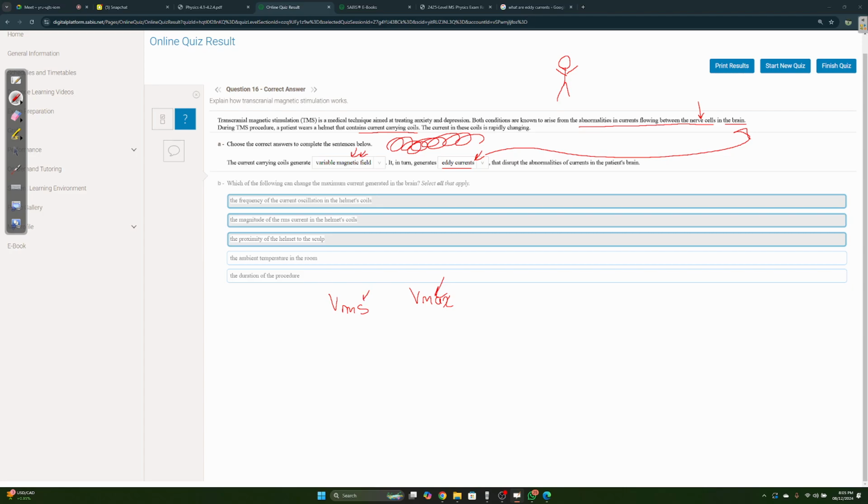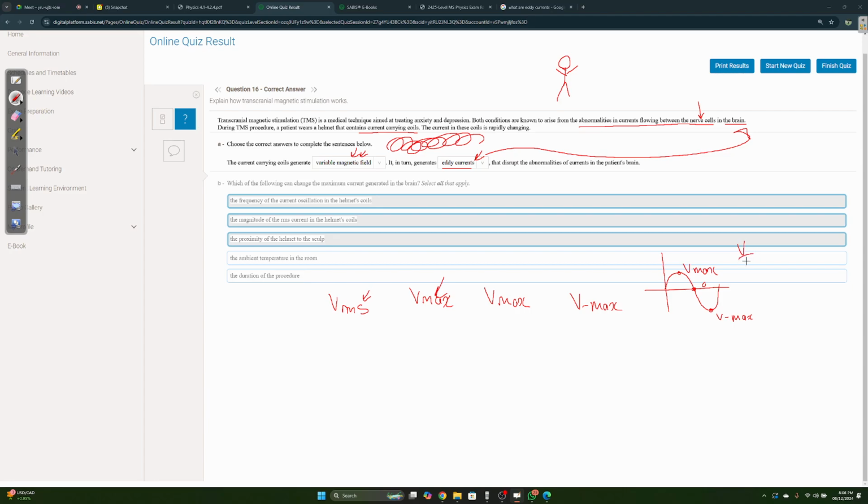VRMS is kind of a balance between Vmax and V minus max, because you know it goes like this, right? Here is Vmax, and this is V minus max, negative max over here. It doesn't go in between because that's 0, and we don't want 0.